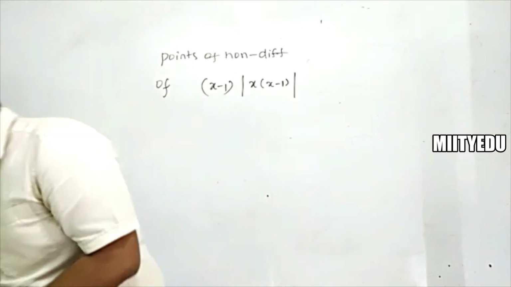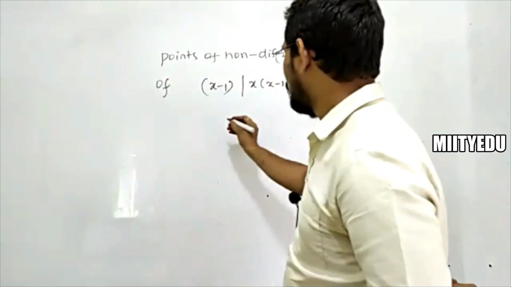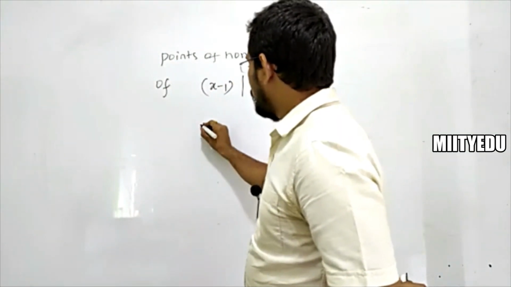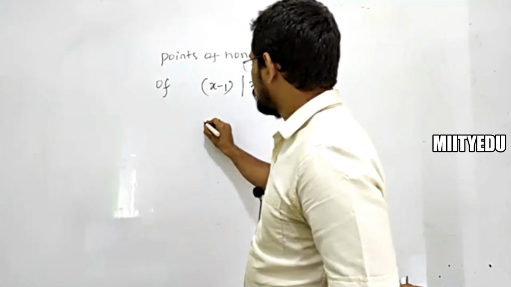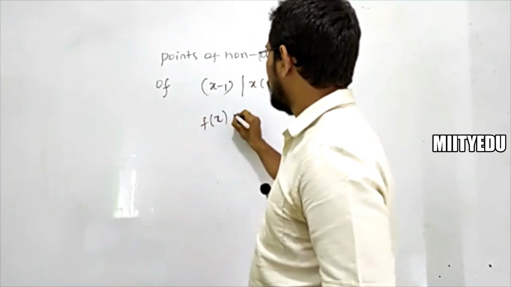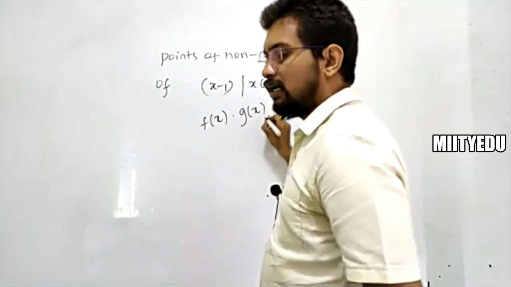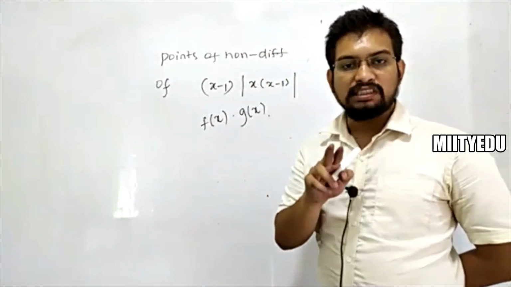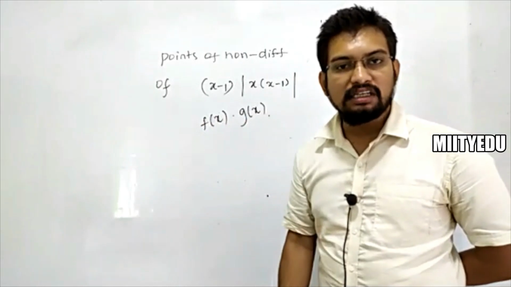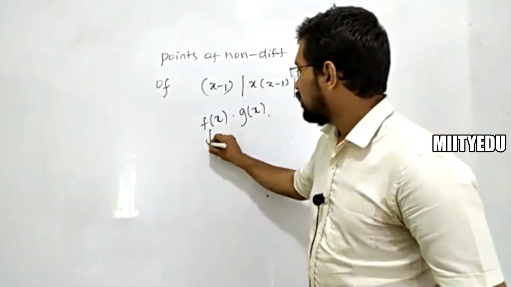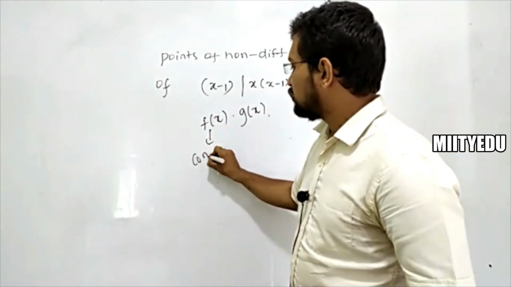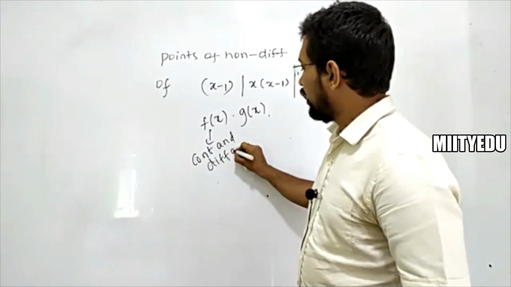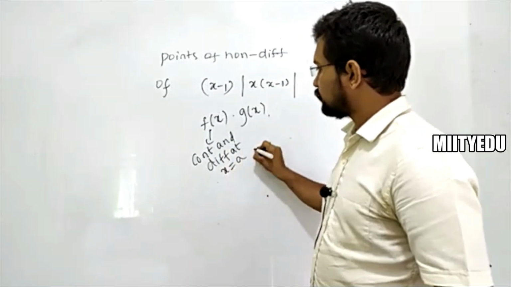Okay, let's try to solve this. See, if I multiply two functions, f of x into g of x, let's say this function f of x is continuous and differentiable at x is equal to a.